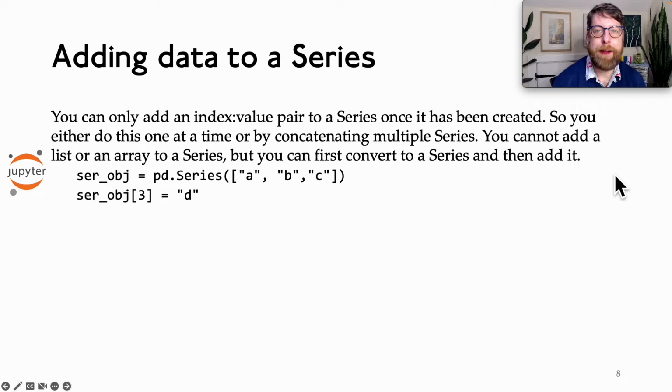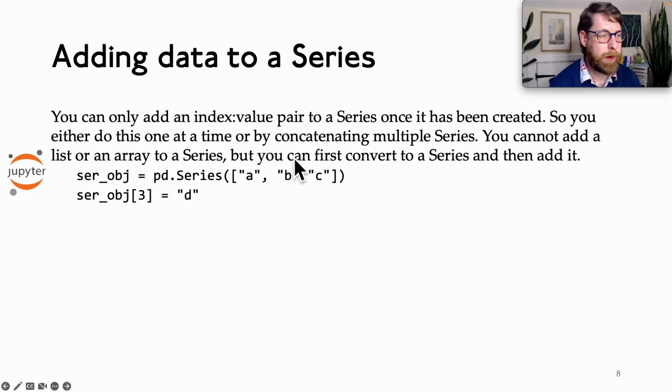So you can add data to a series as well, and we'll show that down here. But the important thing to remember is that it needs both an index and a value. So if you had just this first series right here, A, B, and C, you can't say dot append D. You'd have to give it an index and then assign the value D to that index. Now, as it happens, right here there is no third position.